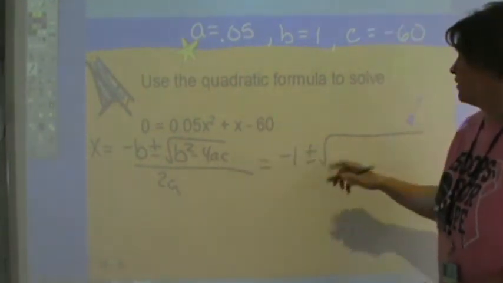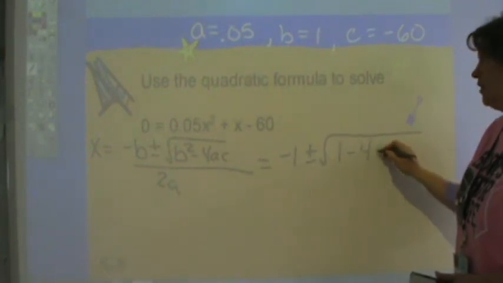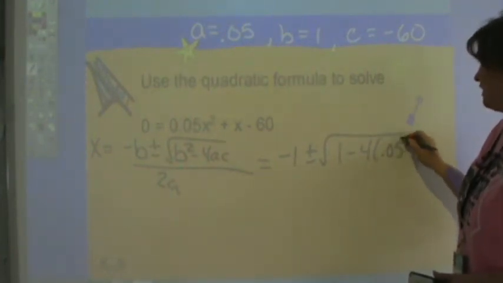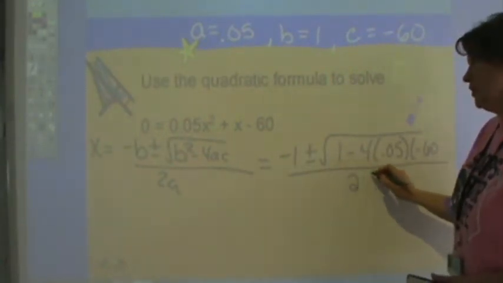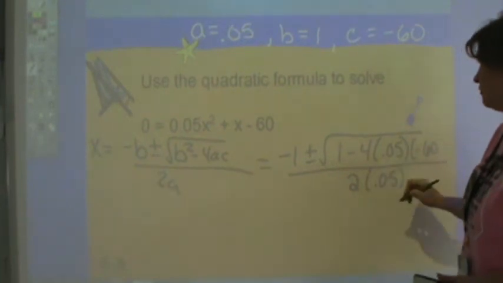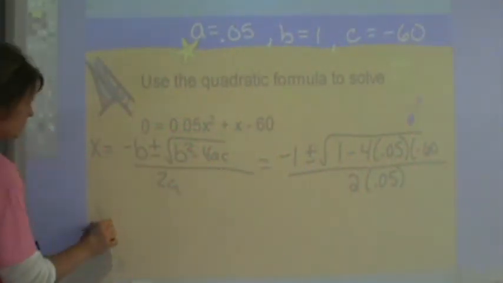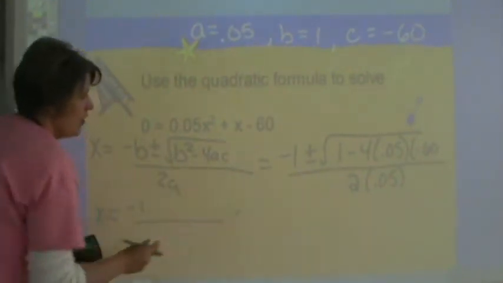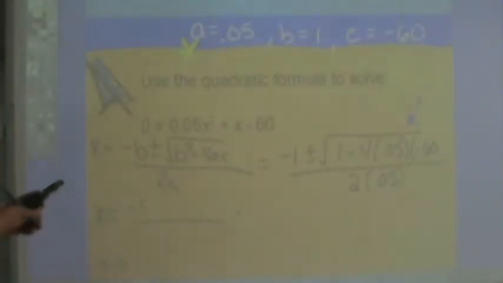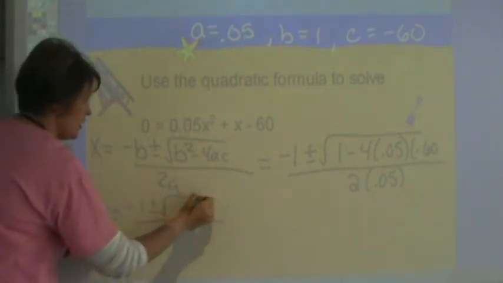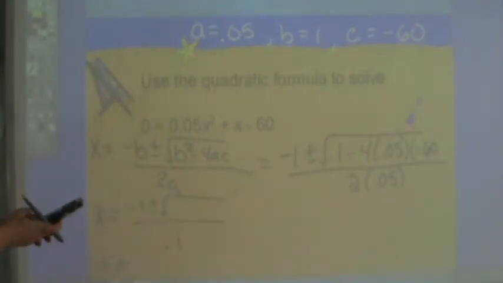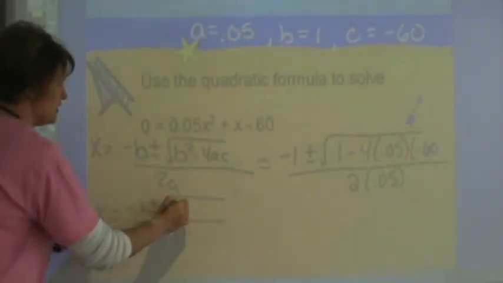B squared, 1 times 1 is just 1, minus 4 times 0.05 times negative 60, all over 2 times 0.05. Let's simplify that square root part, and that bottom too. So 1 minus 4 times 0.05 times negative 60, and I get 13.